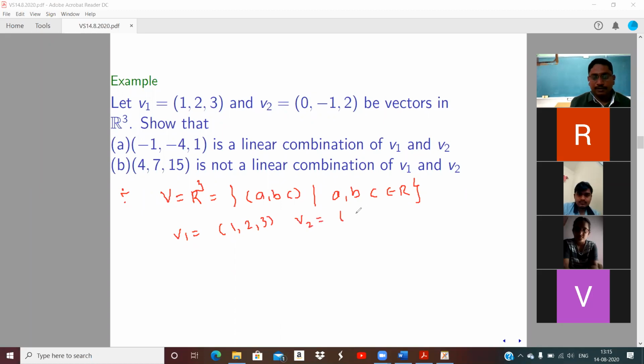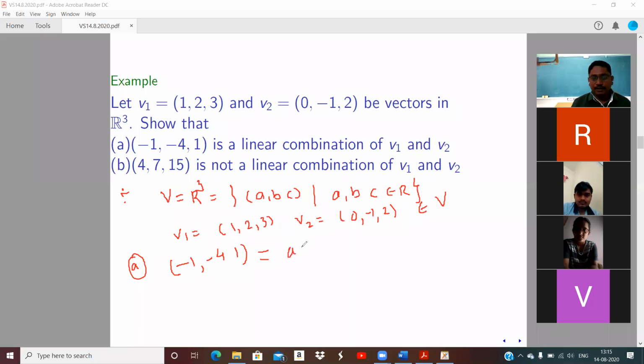V2 is, I will not use bar notation here, you can understand who is vector and who is scalar, (0, -1, 2), be any two vectors in this V. So what is the first part? First part we want to show that (-1, -4, 1) is a linear combination of V1 and V2.